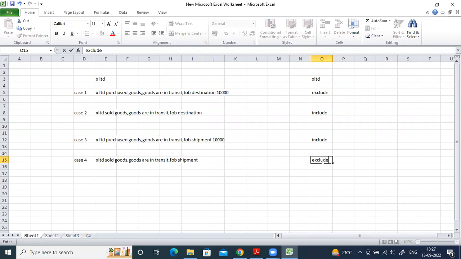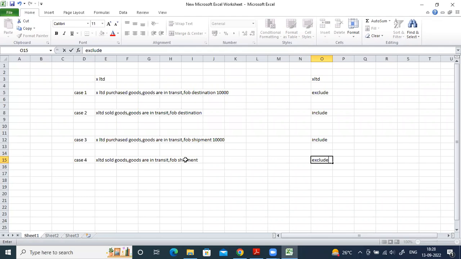But do remember this, a very, very important point. If it is an FOB shipment, when you are selling the goods, it is not necessary that the customer should receive the goods. Once the shipment is initiated, you should assume that the title is transferred. Not necessary that the customer should actually receive the goods. In case of FOB destination, the customer should receive it.